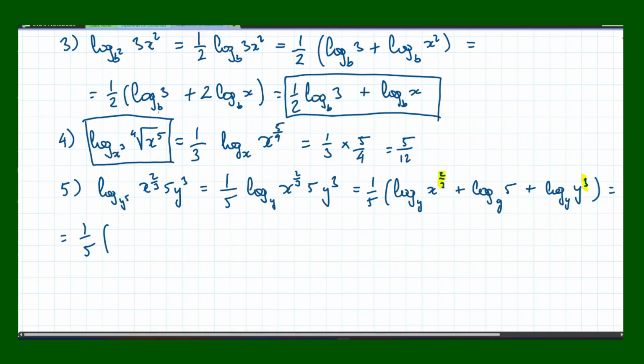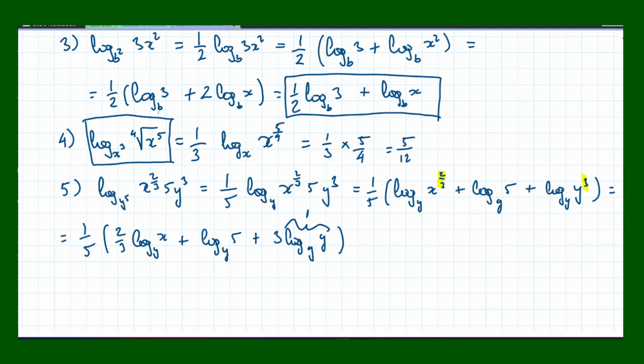So the first term is now going to be 2/3 log base y of x plus log base y of 5 plus 3 times log base y of y. But log base y of y is just 1, or I might have even spotted that log base y of y cubed is equal to 3 right away. So the last term is just going to be 3 on its own.